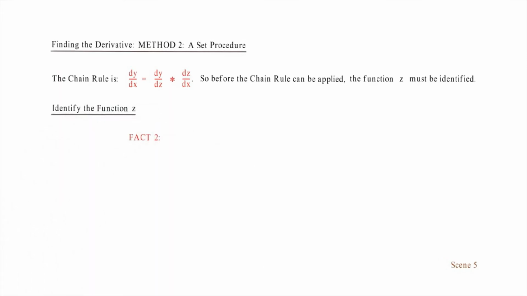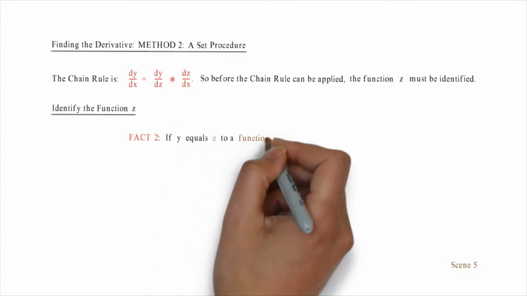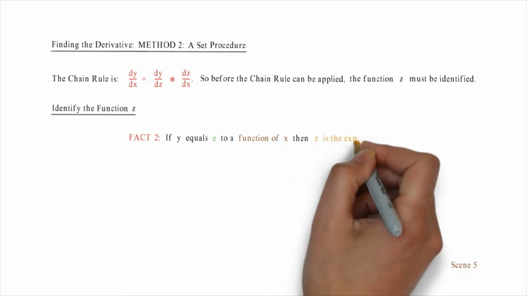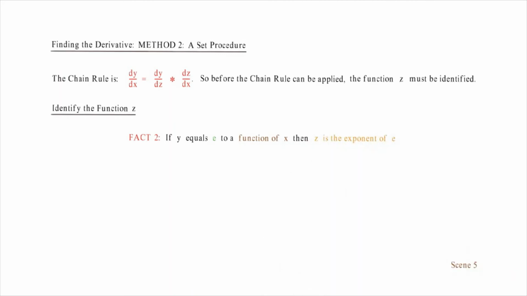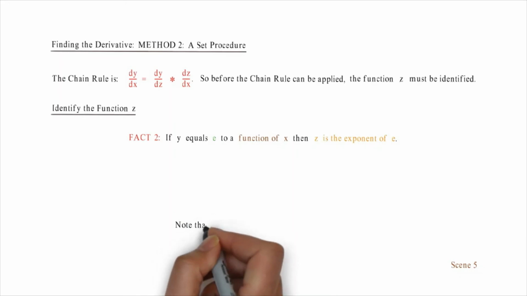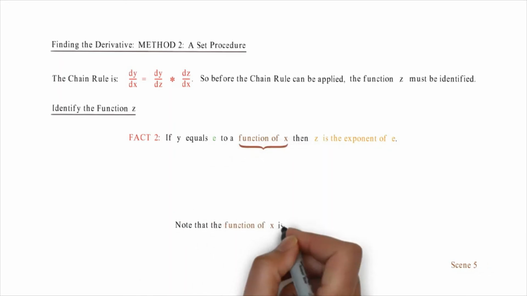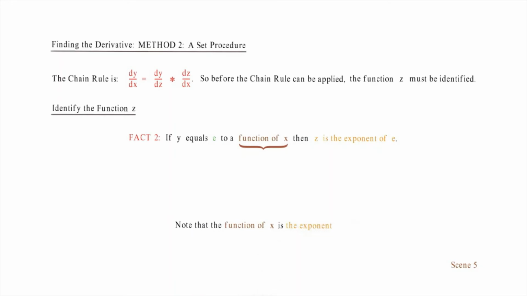Fact 2. If y equals e to a function of x, then z is the exponent of e. Note that the function of x is the exponent of e.